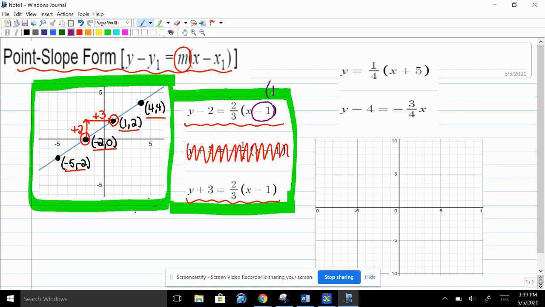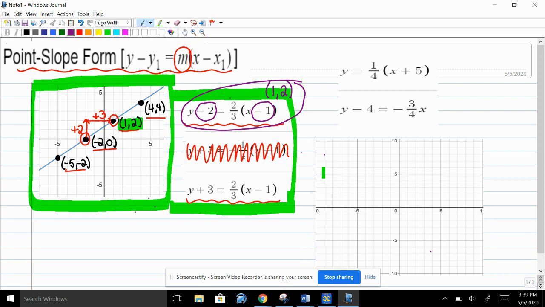Remember, you take the opposite, and a y coordinate of positive 2. So for this particular equation, 1 comma 2 is the point. So if this is the answer, 1 comma 2 is going to be one of the points on the graph, which it is right there. So now I know this equation right here is the answer.